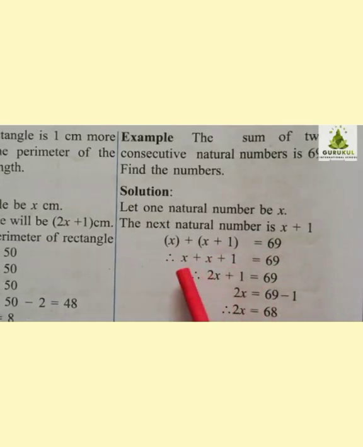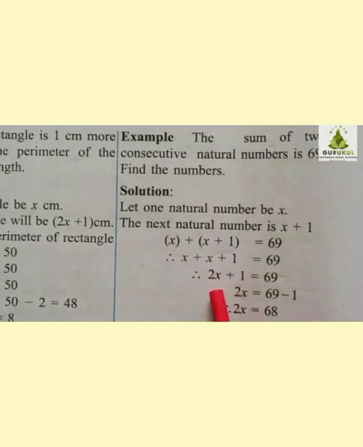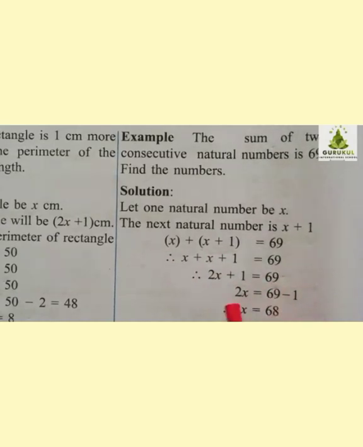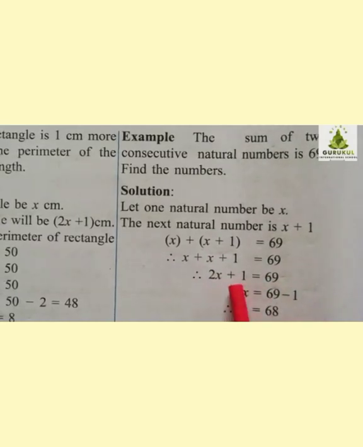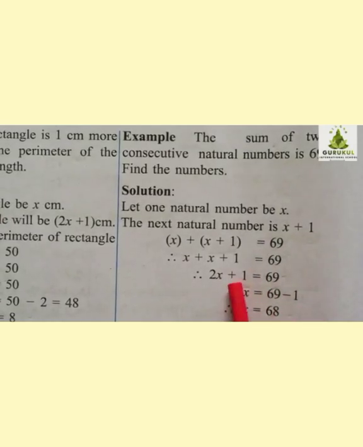Now you can open the bracket. x plus x plus 1 equals 69. Now x plus x is 2x plus 1 equals 69. Now 2x I kept here. I don't want this constant term here. Plus 1 goes to the other side of the equal to sign. It becomes minus 1. If it is plus 1, it becomes minus 1 on the other side. If it is minus, it will become plus.